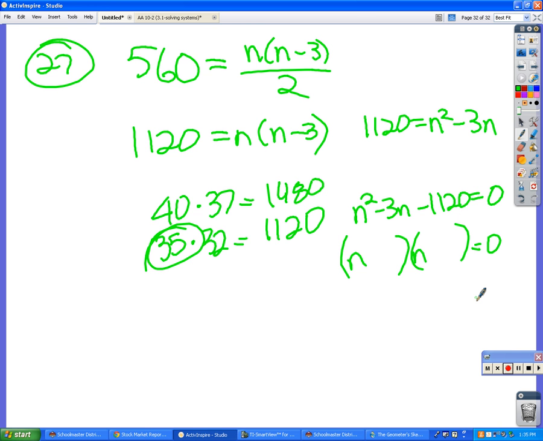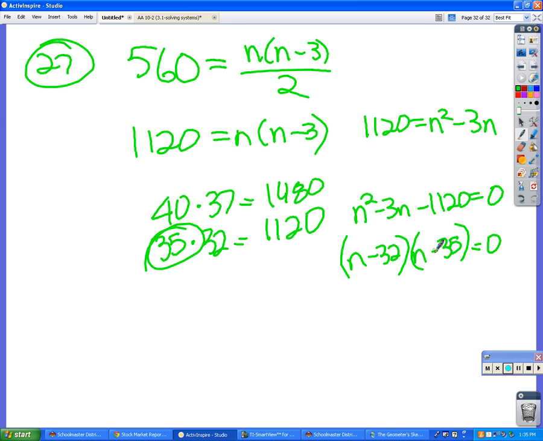So I need two numbers that multiply together to be 1,120 and add together to be -3. And it turns out that those are -32 and -35. And so that gives me my, oh no, that's not going to work. One's got to be a positive, one's got to be a negative, yeah.